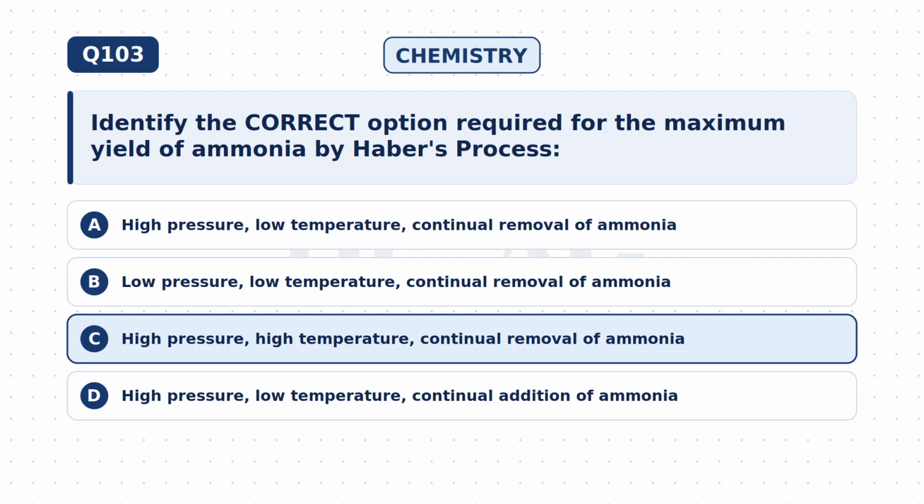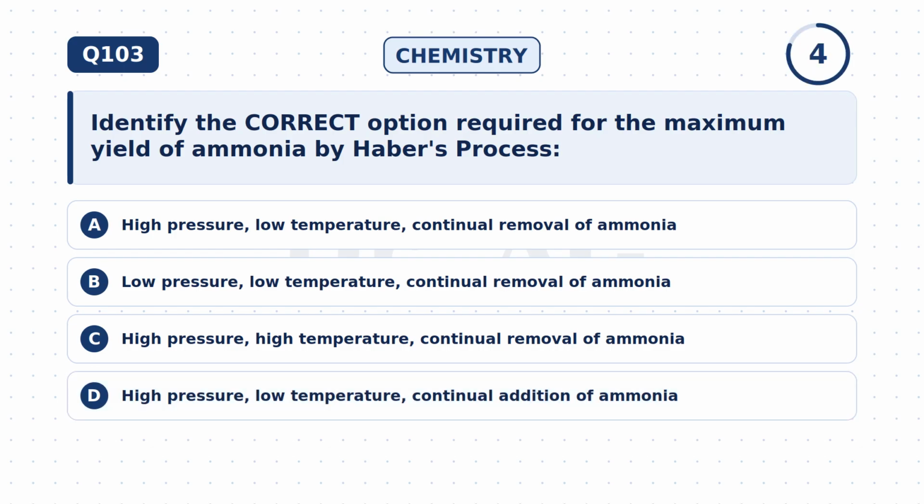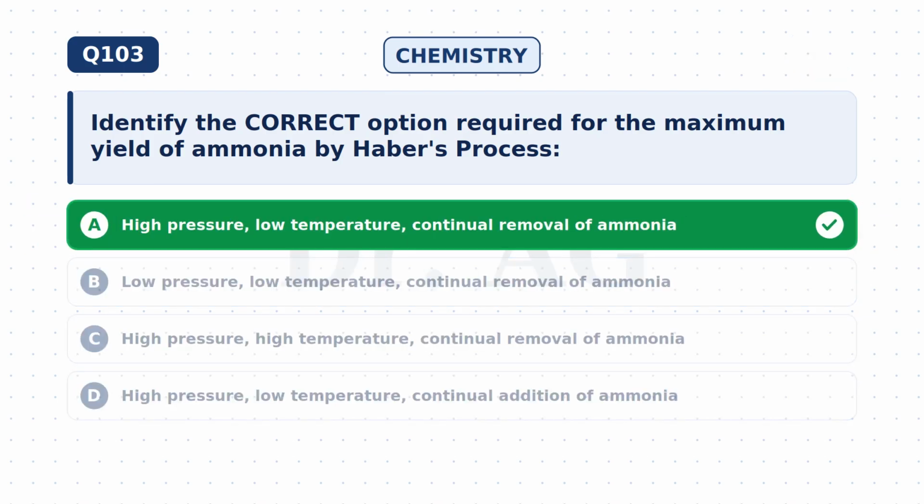Option C, high pressure, high temperature, continual removal of ammonia. Option D, high pressure, low temperature, continual addition of ammonia. The correct answer is A, high pressure, low temperature, continual removal of ammonia.